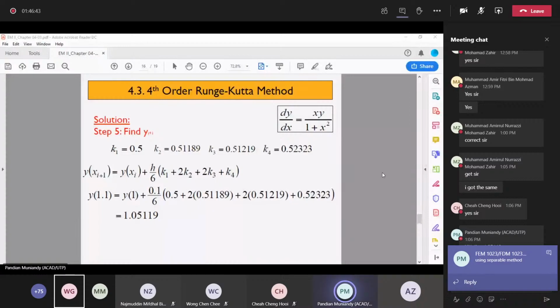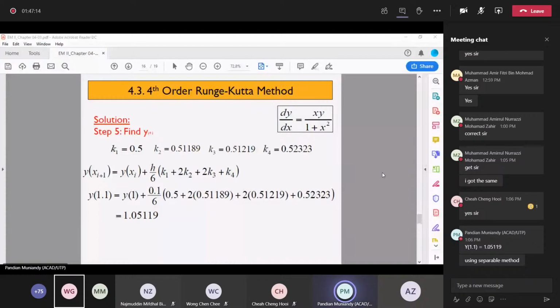Using the separable method, just now we already did it. Can you calculate y equals root of 1 plus 1.1 squared?